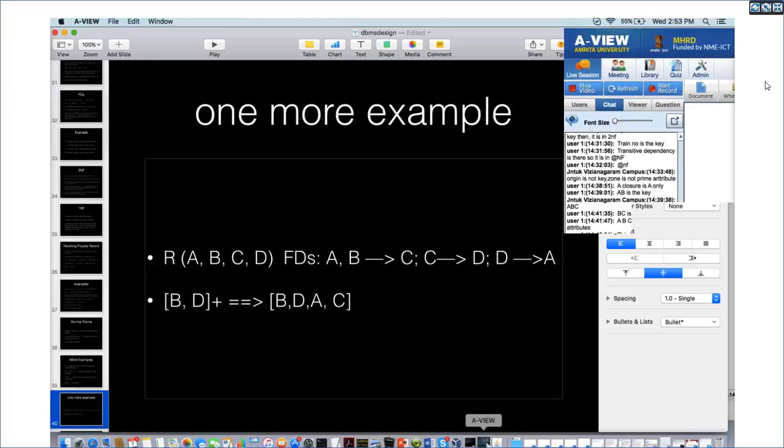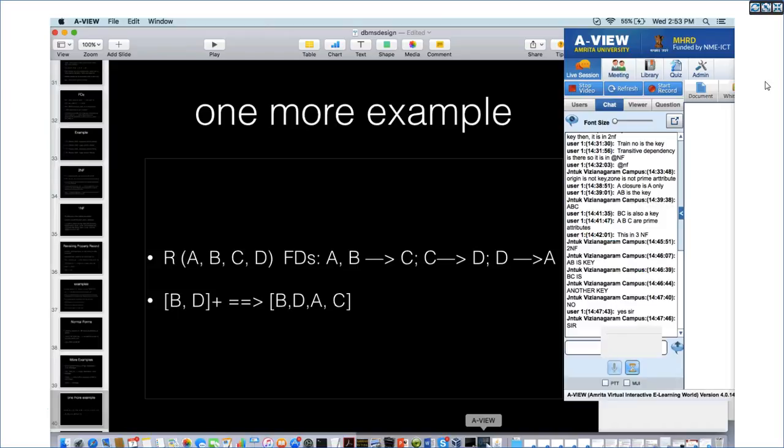which of these FDs will violate the 3NF? Is it in 2NF? This relationship is in 2NF. Can you put that answer why this is in 2NF?